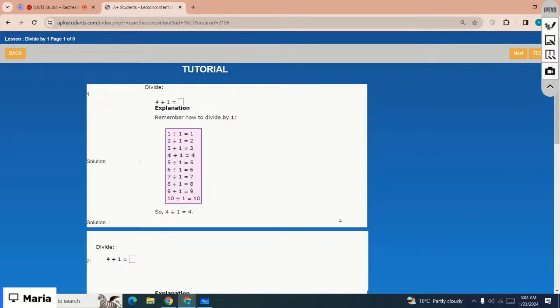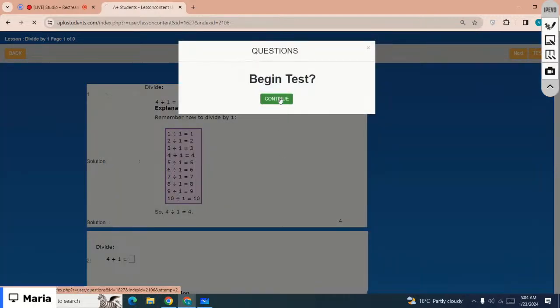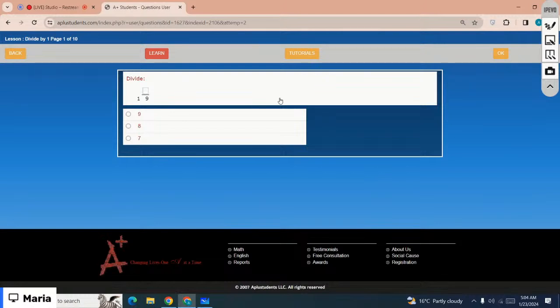Let's just start with the test questions. The first one is 9 divided by 1. So which is the correct option?